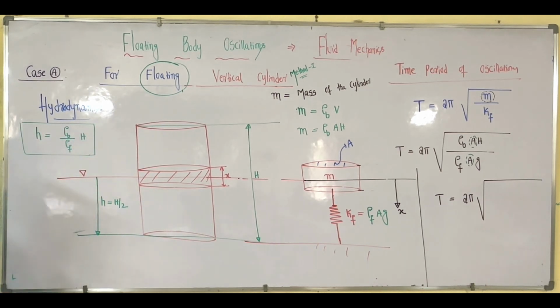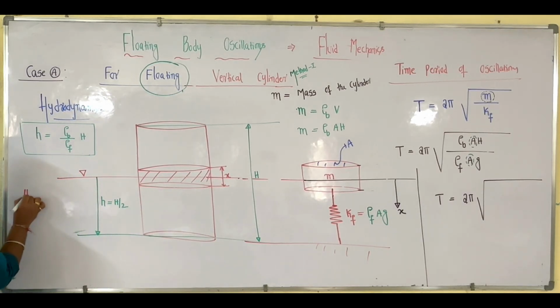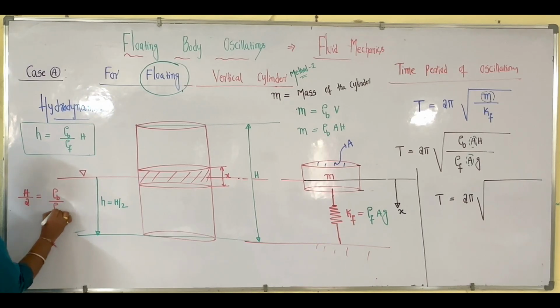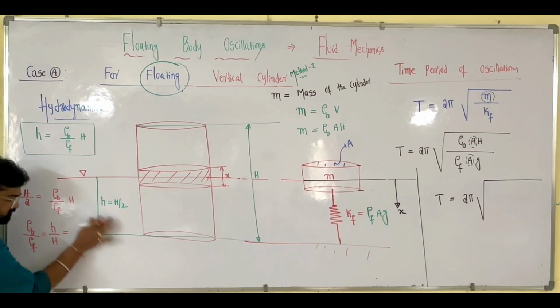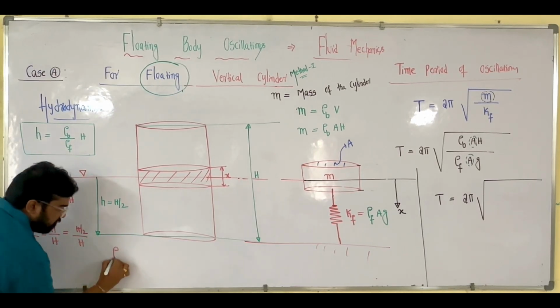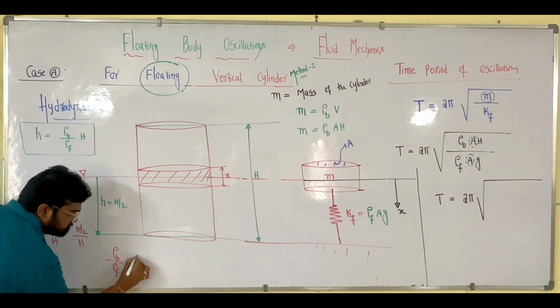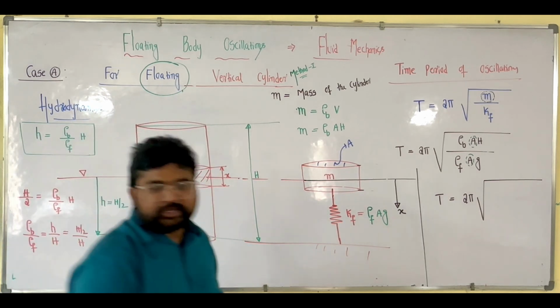Understood? So now tell me, h equal to how much? h by 2. h by 2 equal to density of the body by density of the fluid into H. So what is density of the body by density of the fluid? It is h by H, that is h by 2 by H, which equals 1 by 2.